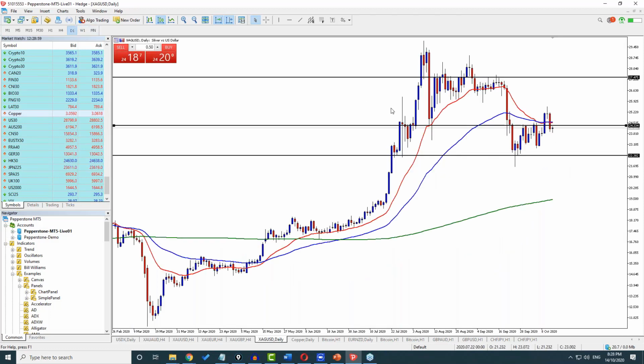Remember, we said the 20 is a very, very important moving average zone. Even in silver's run up here on the daily, when it did eventually come back and touch it, it found support there, it hovered around there. And notice when it got through that zone, that was the beginning of a further large sell-off.